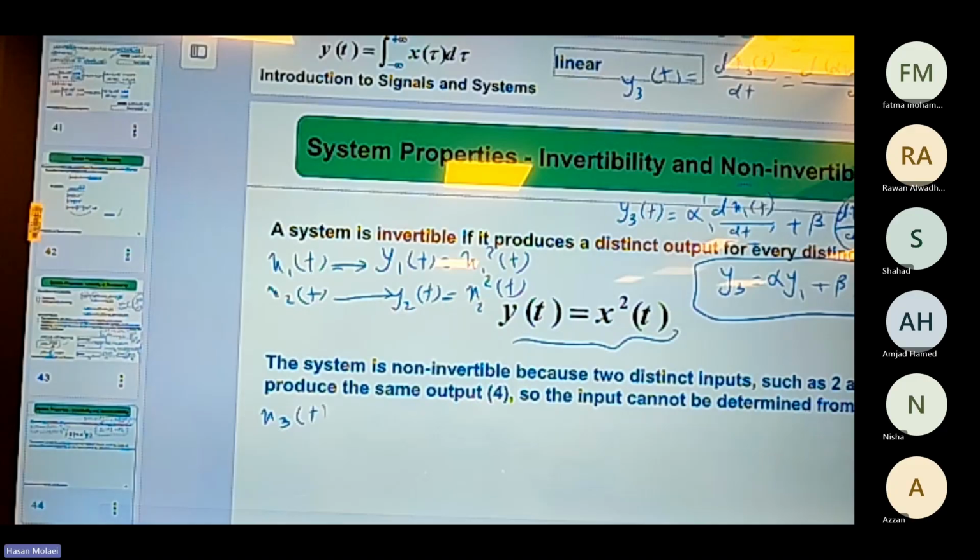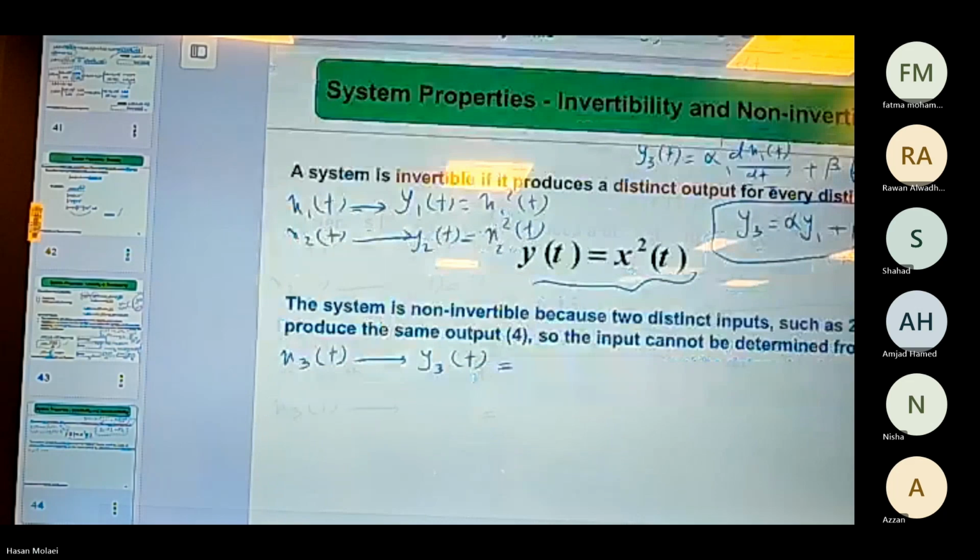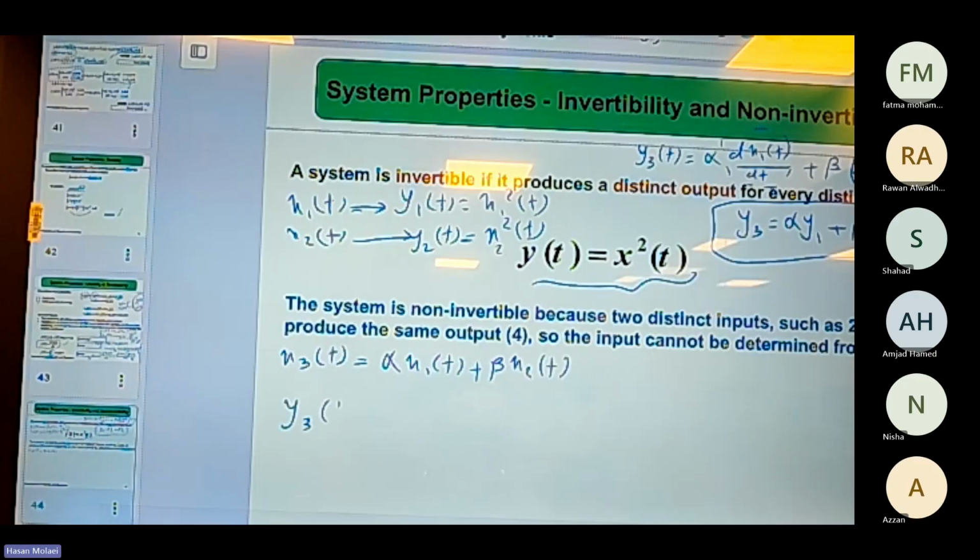If I apply x3, x3 should be alpha x1 plus beta x2, so the output would be alpha x3.